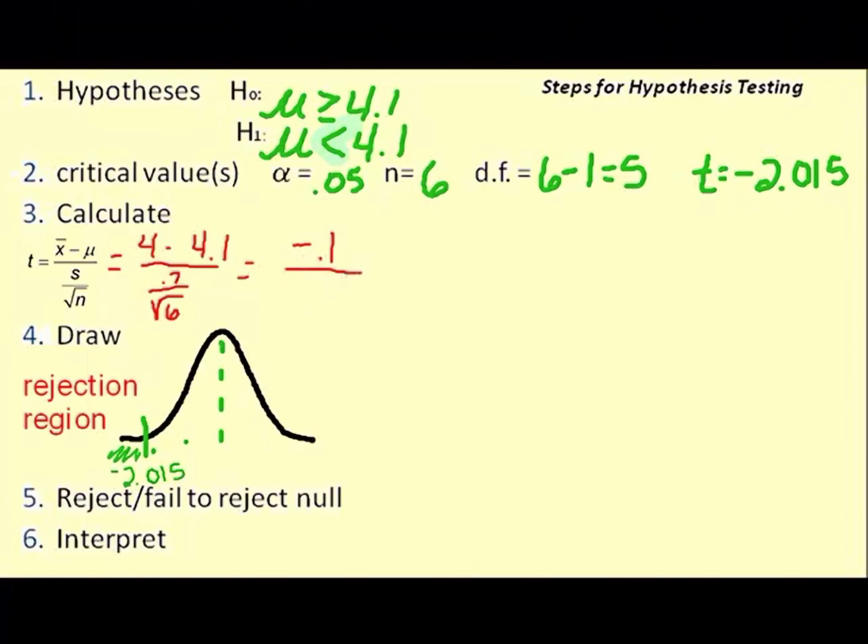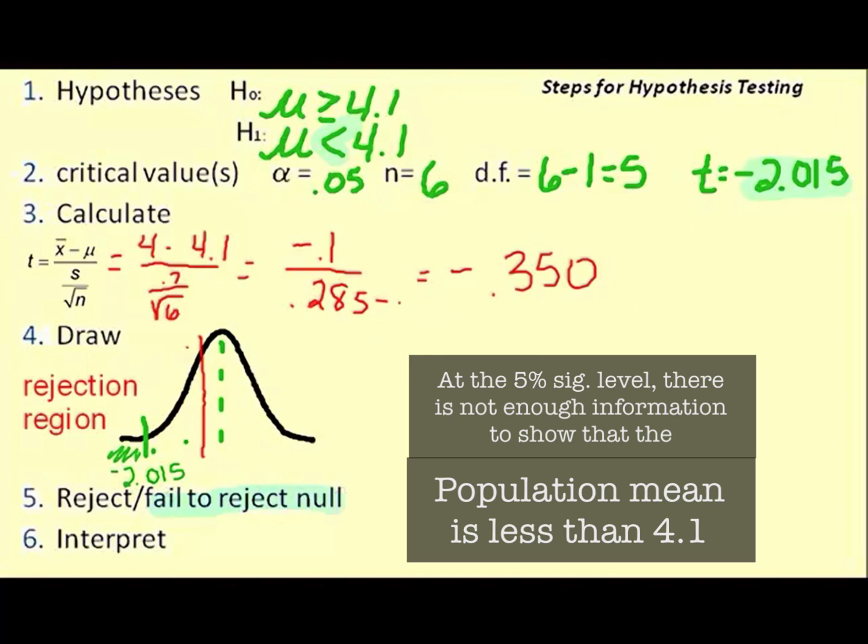Denominator, it's about 0.28577, blah, blah, blah. So I get negative 0.350, and that falls pretty far from the rejection region, so we will fail to reject the null. This means that there is not enough information to show the population mean is less than 4.1.